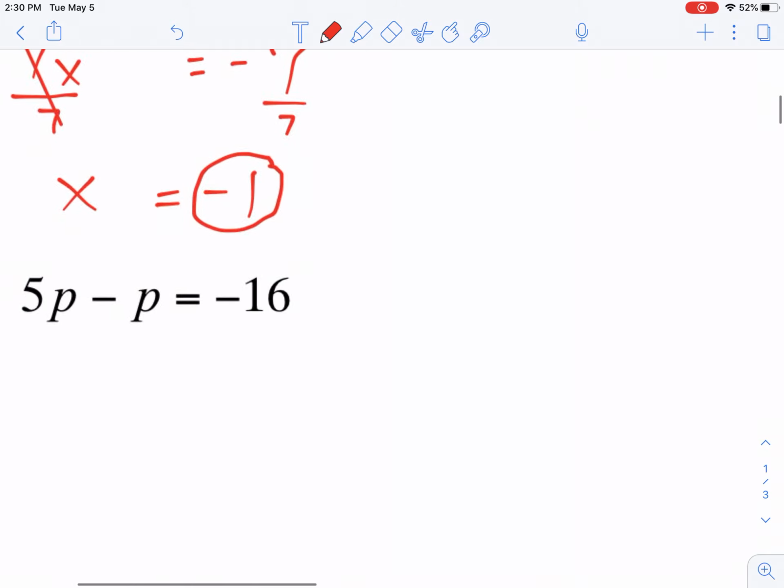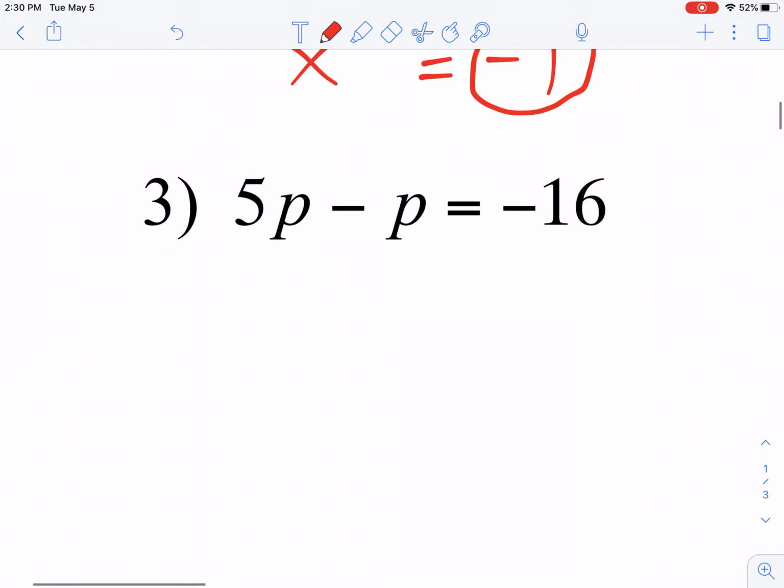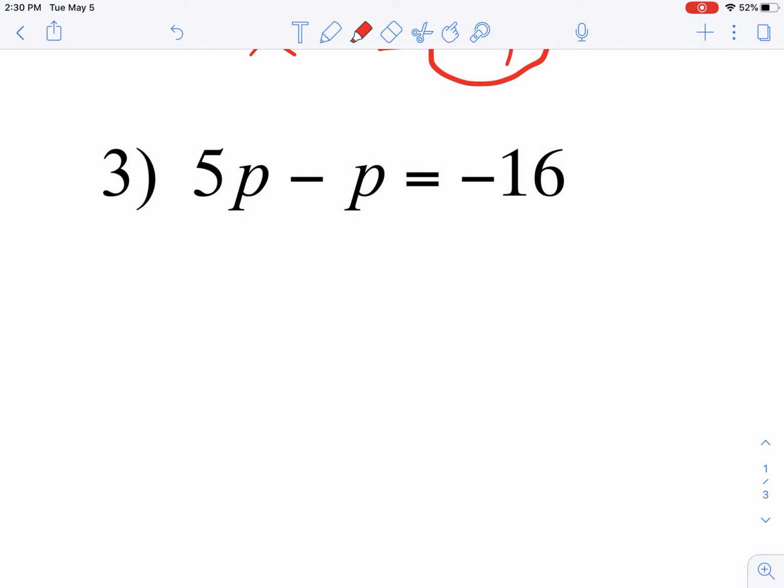Take, for example, problem number 3. In this case, we have 5p, and then some of you might think, well, we just have p and we're going to add those together. But there's a subtraction sign. That means negative when you're combining like terms. So you got 5p plus negative p, which is just going to simply be 4p.